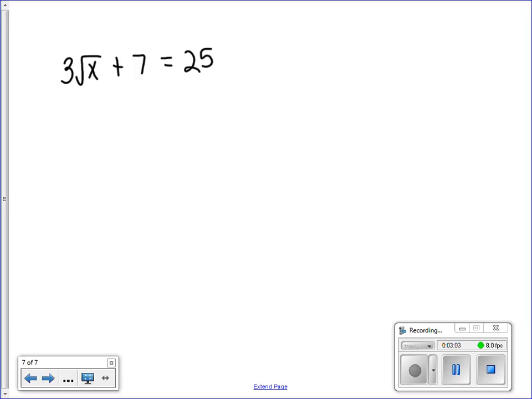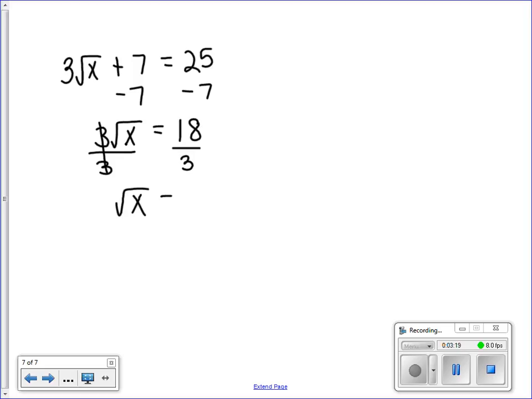Subtract 7. And then what? Divide by 3. And then what? Great. Yes. Okay, good. Very good.